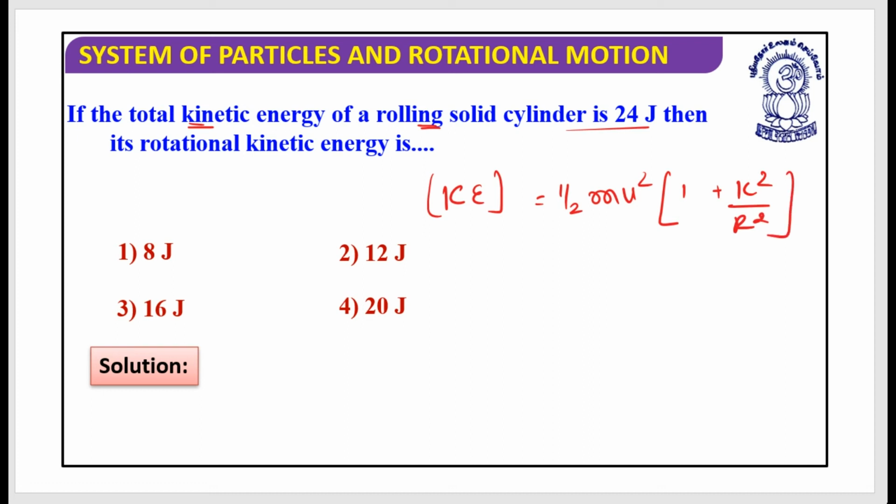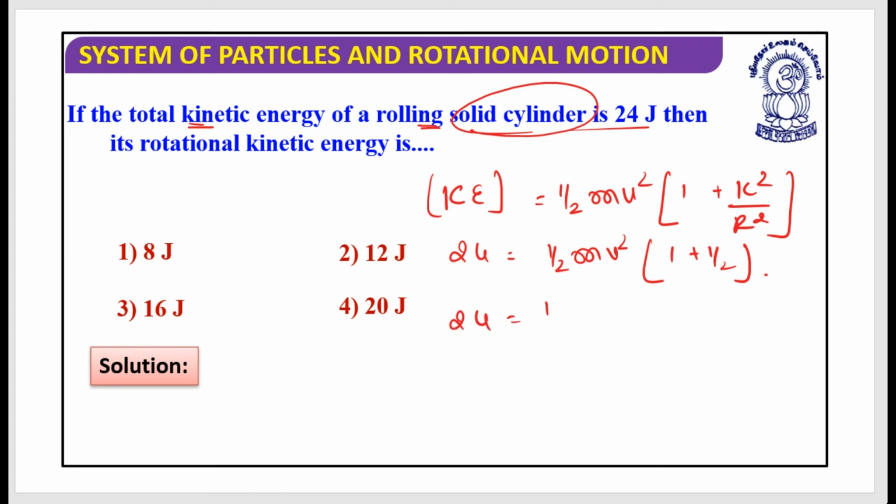This total kinetic energy is 24 joule. For a cylinder, k square by r square is 1 by 2. So 24 is equal to half mv square into bracket 1 plus 1 by 2.